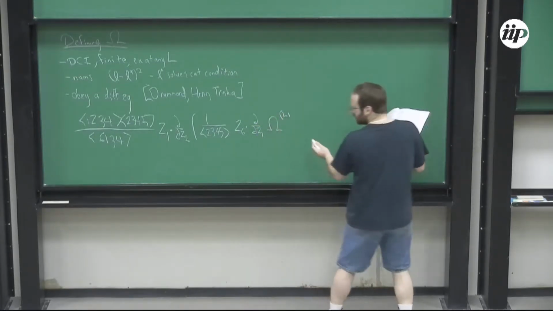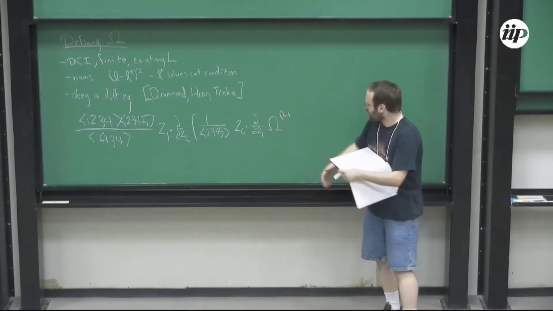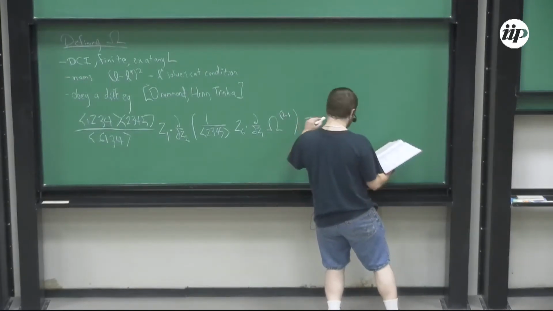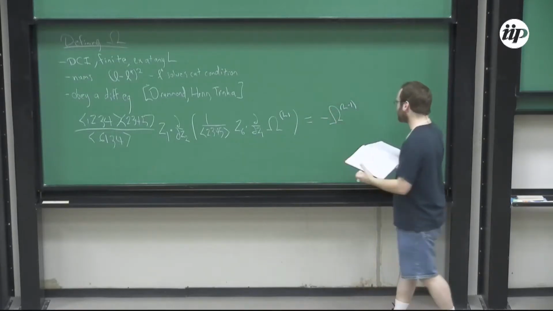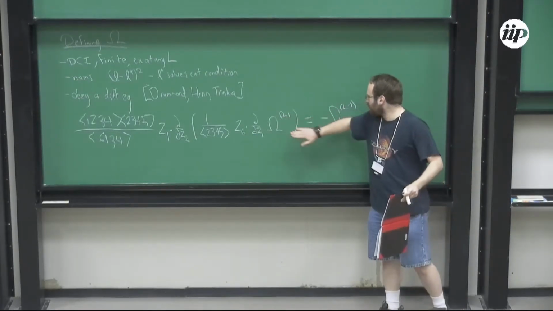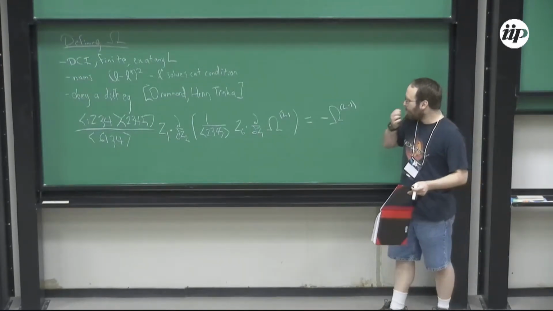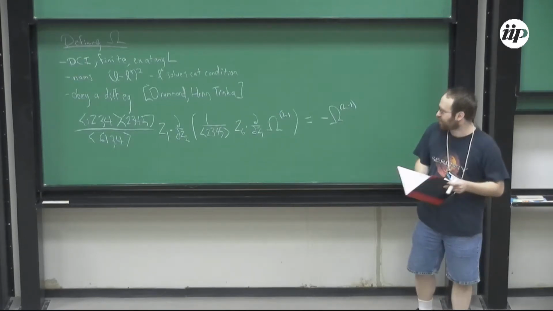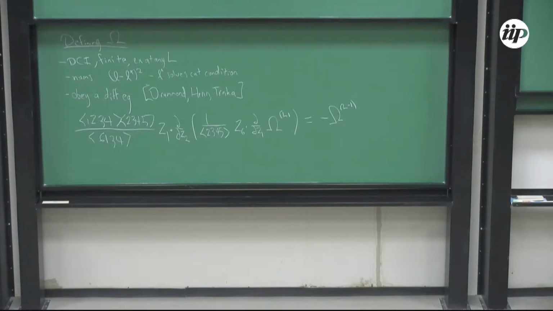I'm representing the L-loop coefficient of this omega sum as omega superscript L. What this differential equation does is it relates omega at L loops to omega at L minus 1 loops. This is essentially how it was derived: it's just removing a box from the middle of this diagram.